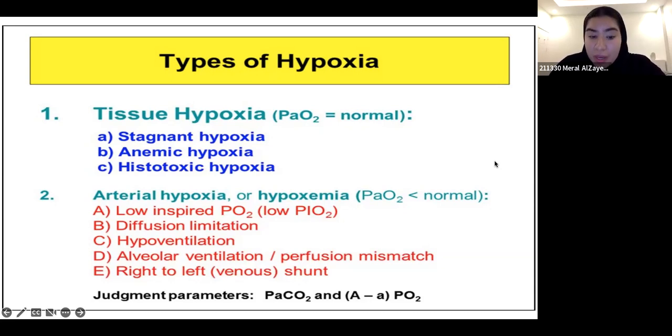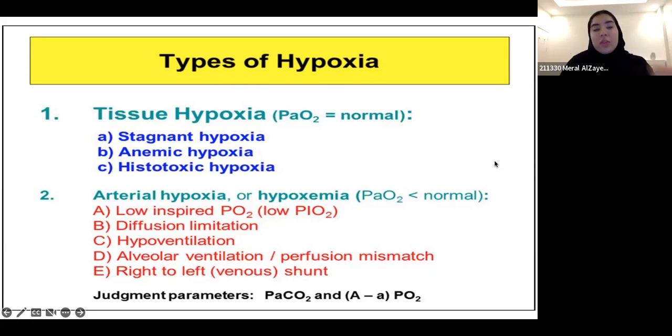Okay, now for anemic hypoxia, from the name itself, we know that it has to do with hemoglobin. We know the problem is exactly with hemoglobin. In this case, hemoglobin is reduced, and we know that hemoglobin is the protein in our red blood cells that carries oxygen.